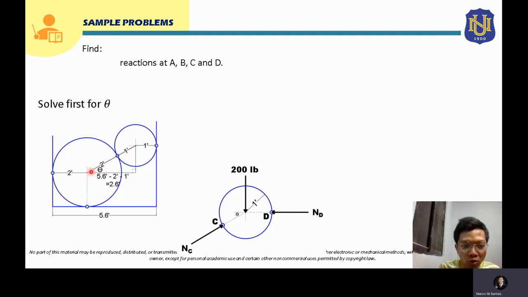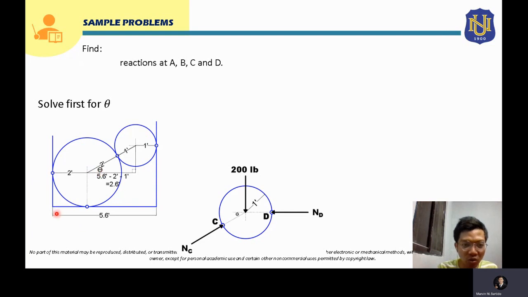And if we have this horizontal line and this vertical line, this is 90 degrees here, so this will be a right triangle. So we can solve for the adjacent side of this triangle.